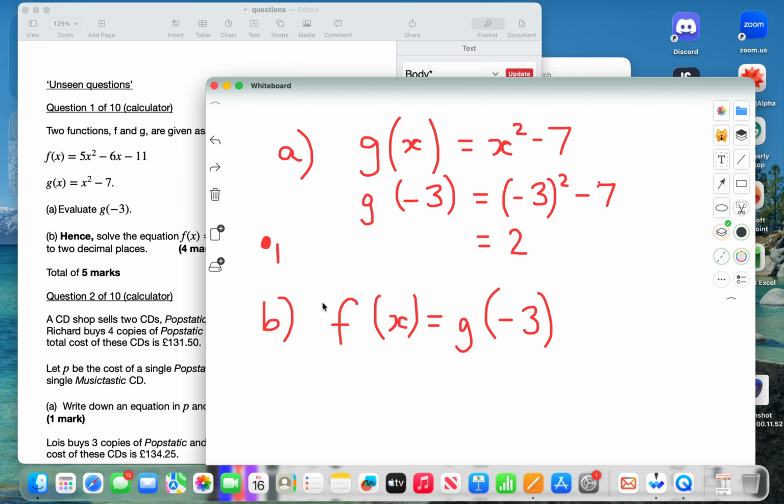So f(x) is 5x² − 6x − 11. And g(−3) is 2.